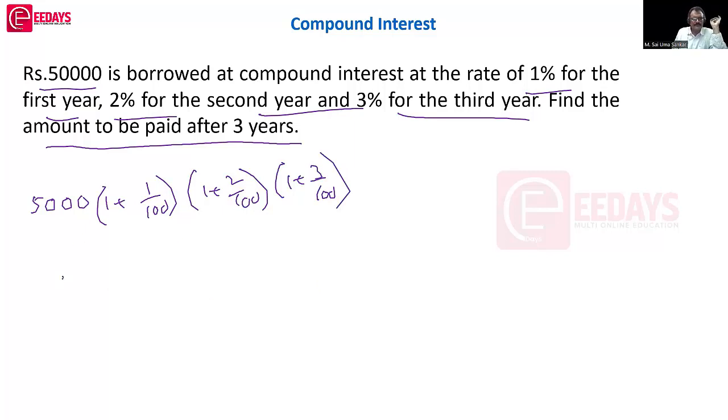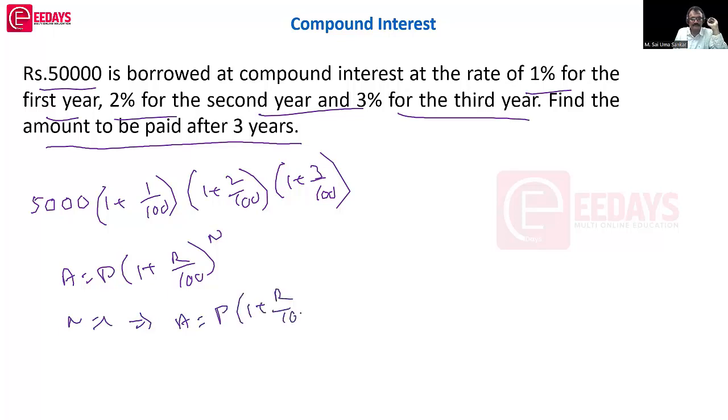A equal to P into 1 plus r by 100 whole to the power of n. If n is equal to 1, that implies A equal to P into 1 plus r by 100. If n is equal to 2, then what happens? A equal to P into 1 plus r by 100 whole square.